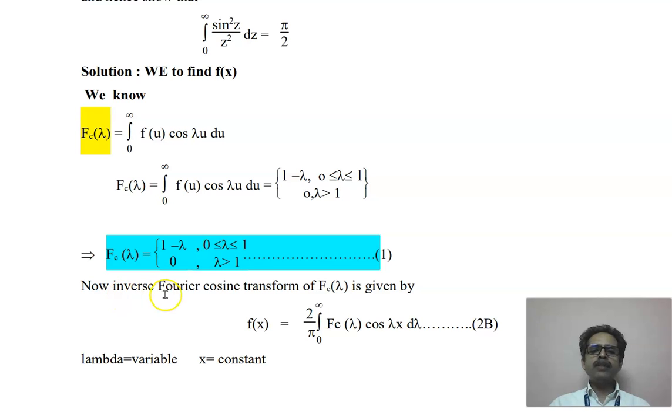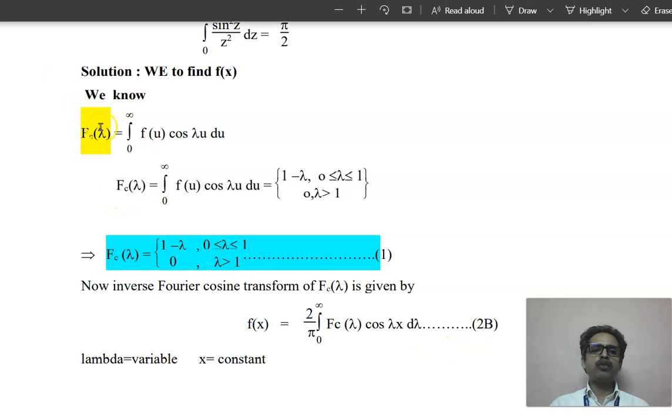Now the inverse Fourier cosine transform of Fc lambda is given by this equation. Already we have used equation 2a. See, this is nothing but equation 2a. Fine. And now our target is to obtain the value of f of x. Because from equation 1, we know Fc lambda.